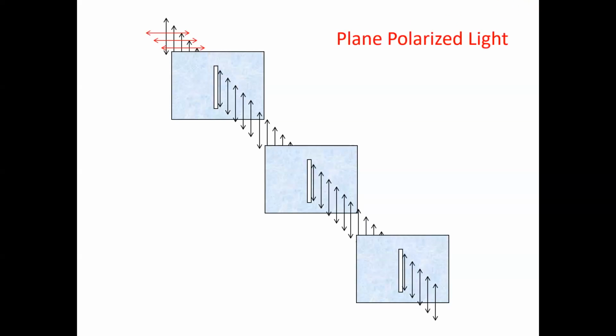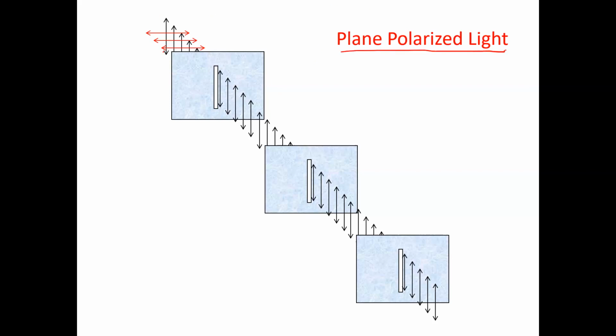The only property which is different in all these compounds is that they deflect the plane of polarized light. Now, first you should understand what is plane polarized light.